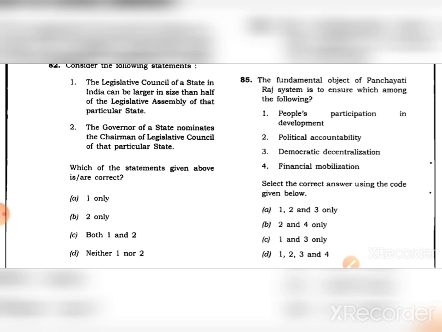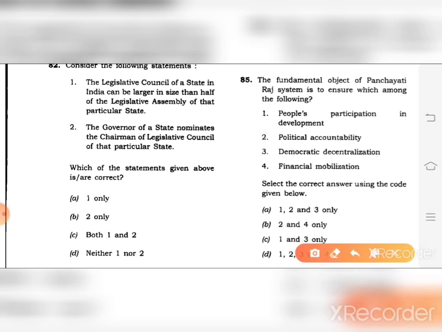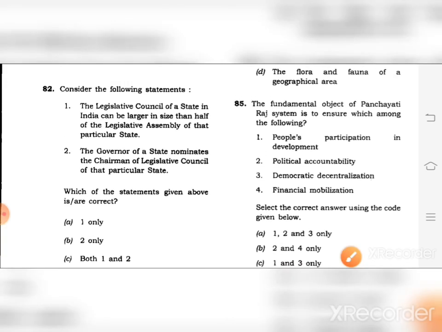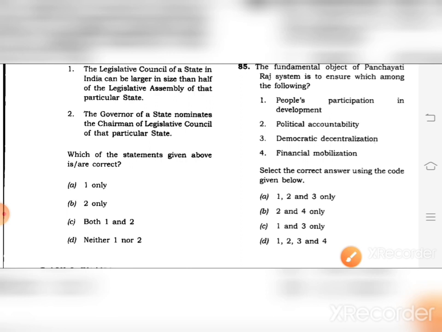Political accountability was not the fundamental object of the Panchayati Raj system. So if we eliminate 2, we are left with 1 and 3. So we can derive our answer: people's participation in development and democratic decentralization is the objective of the Panchayati Raj system.